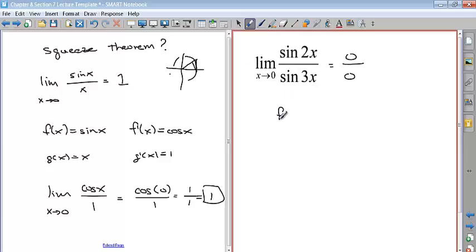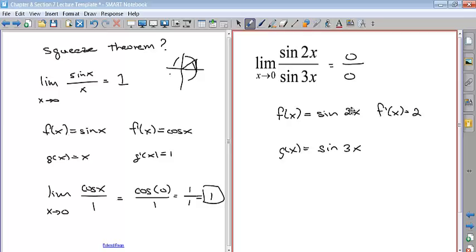So again, you say f of x is the numerator, and g of x is the denominator. So when you take the derivative, the chain rule, remember you take the coefficient.